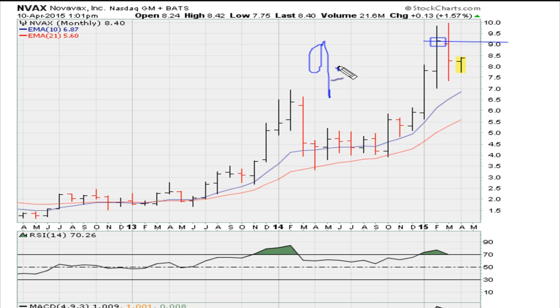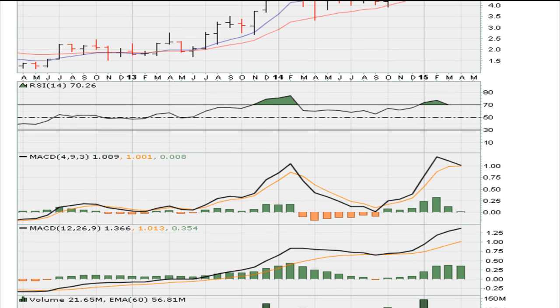In fact, now I'm looking at this one as a potential breakout candidate because the monthly is holding up very well, very impressive. Not only that, we are looking at the MACDs on this 3-year monthly chart. One MACD is trading at 3-year highs, and the other MACD is already trading at 3-year highs.